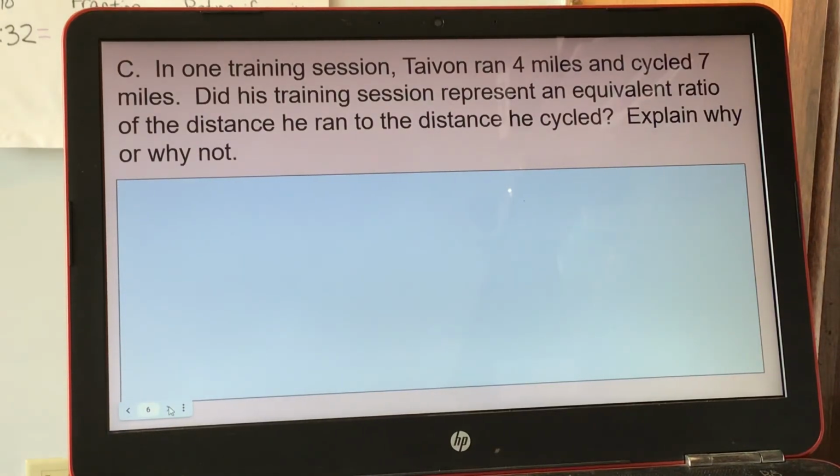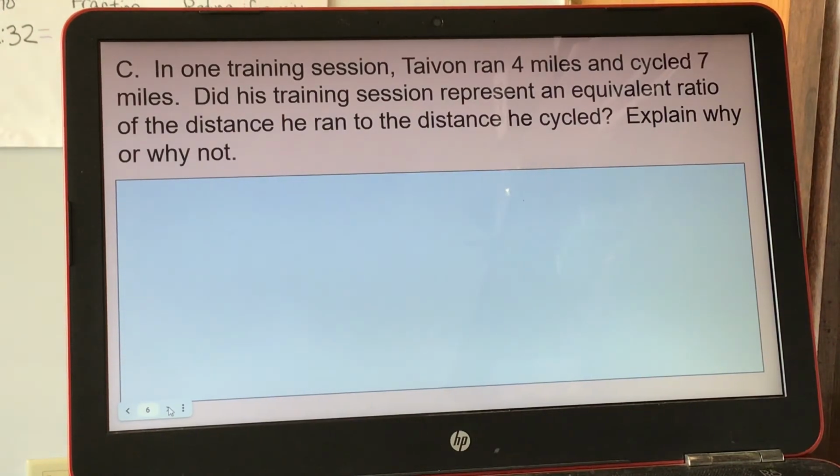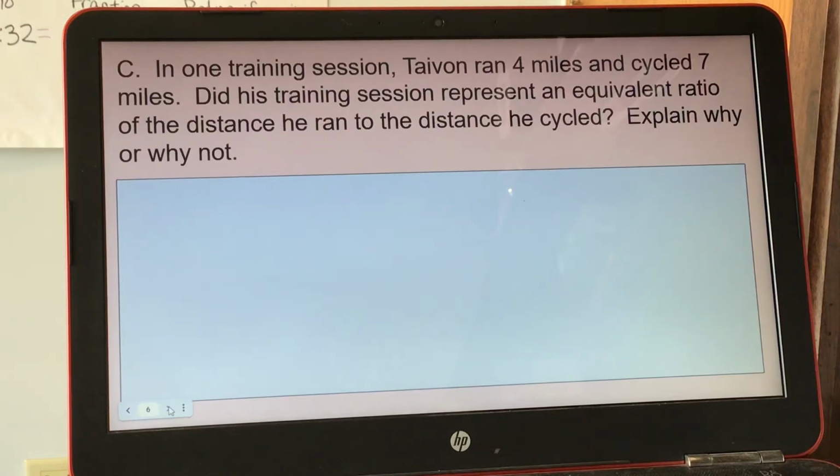C, in one training session, Taivon ran 4 miles and cycled 7 miles. Did his training session represent an equivalent ratio of the distance he ran to the distance he cycled? Explain why or why not. Well, if he ran 4 to 7, our ratio is 2 to 7.